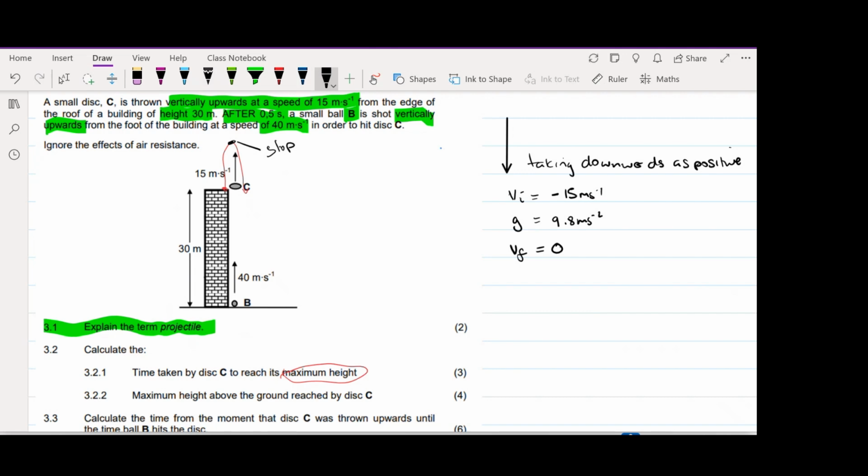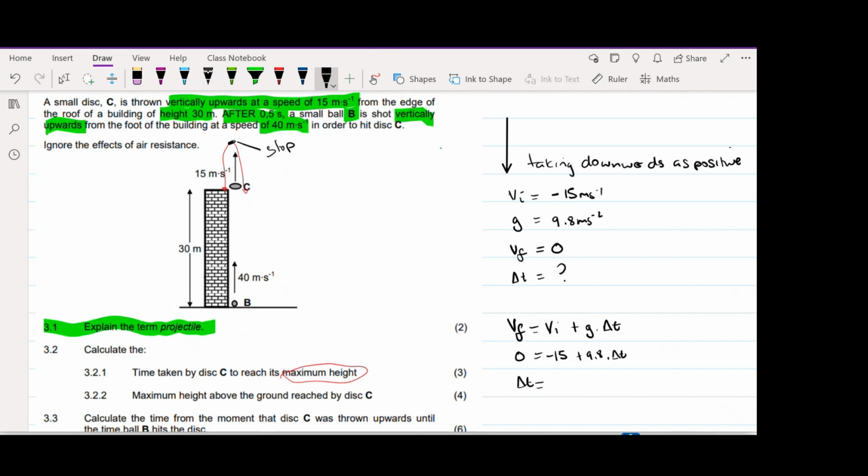I've not been given the time that it takes to get to that point, so I'm going to say change in time and put a question mark. This means I can use any of the equations that have these four variables. The best equation is v final equals v initial plus acceleration times change in time. So we say 0 equals minus 15 plus 9.8 times the time.